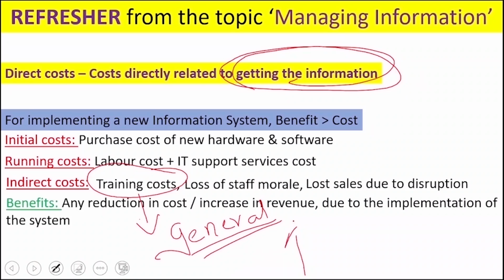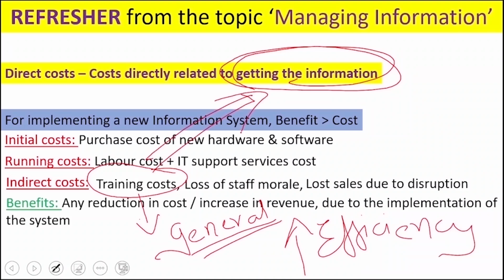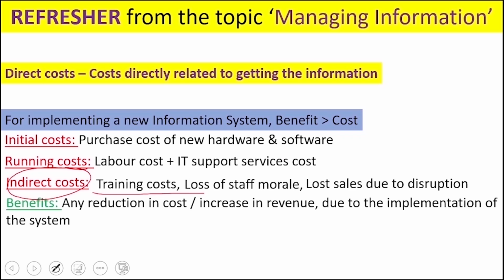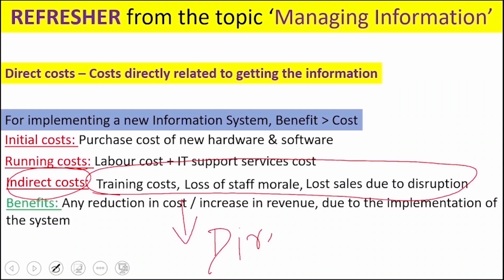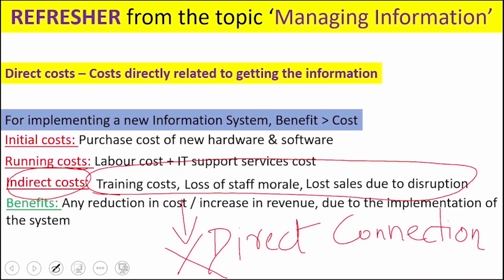It increases the efficiency of the staff in the long term. It is not directly relating to getting a specific information. And as for indirect cost, all these indirect costs are expenses which do not have a direct connection with getting the information. Since there is no direct connection, that is why all these costs are termed as indirect cost.